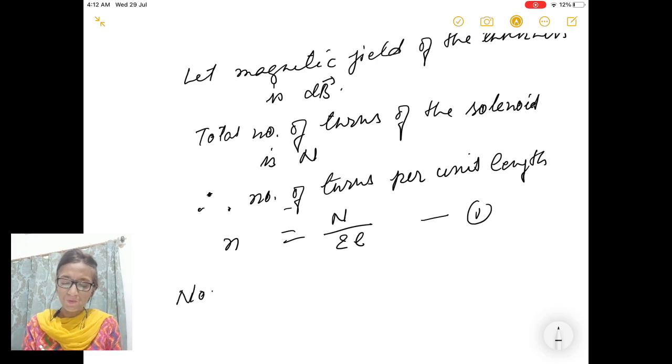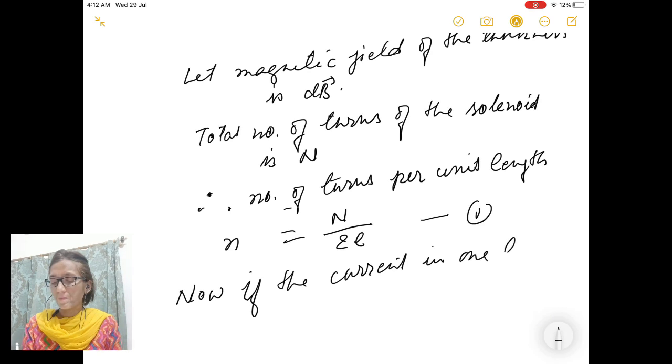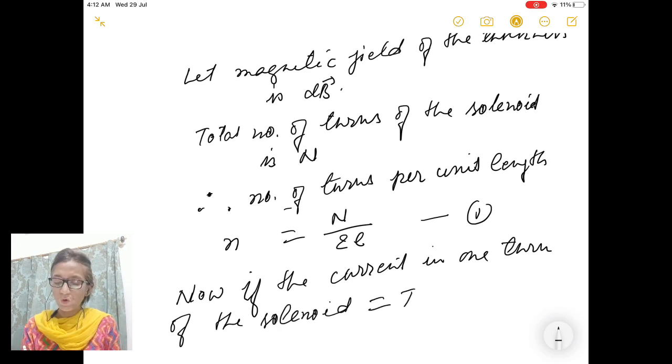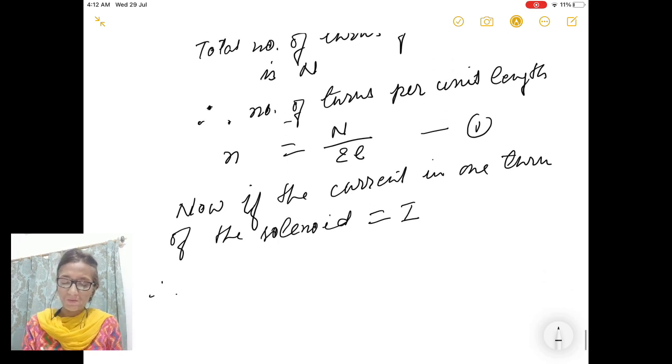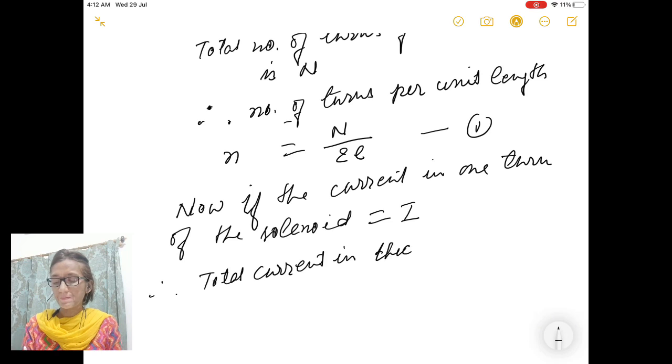Now, if the current in one turn of the solenoid is equal to I, then the total current in thickness dx will be equal to the current in one coil and the number of coils in that thickness.